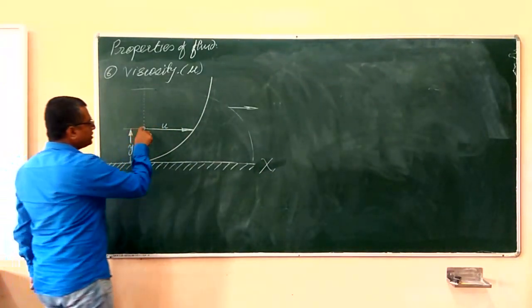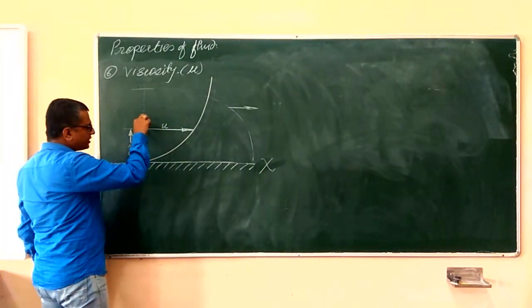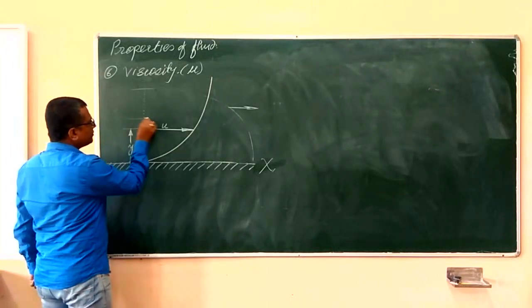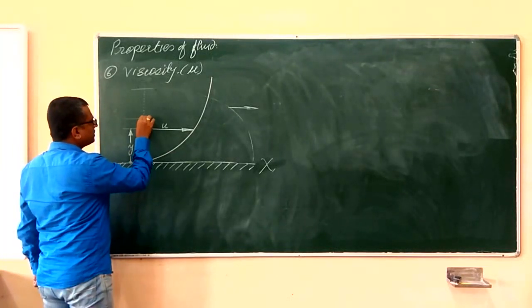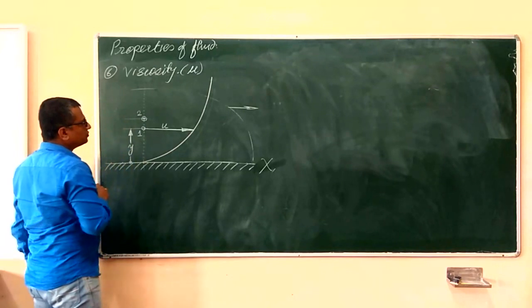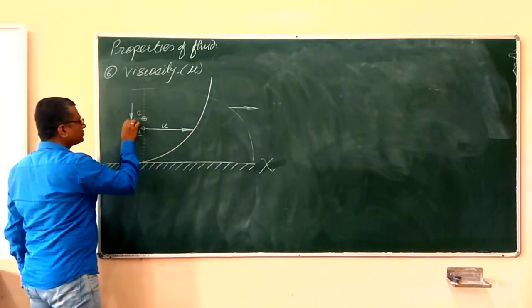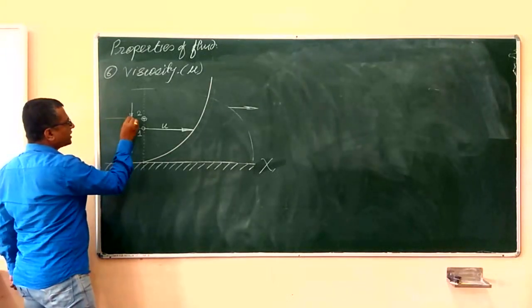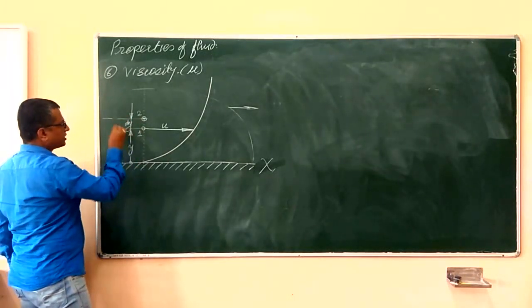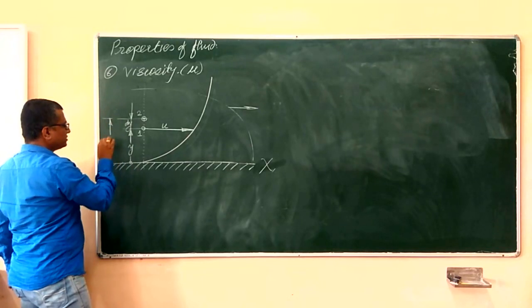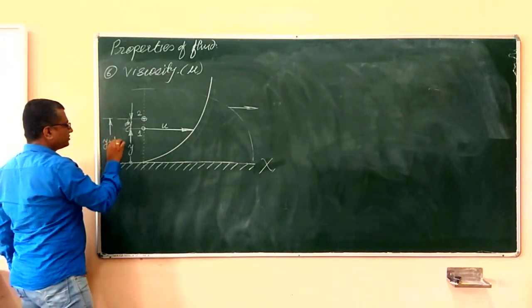If I go by a small increment in the distance y, say dy, here is particle number 2, where the increase in distance is dy. So the total distance of the second particle from the fixed layer is y plus dy.